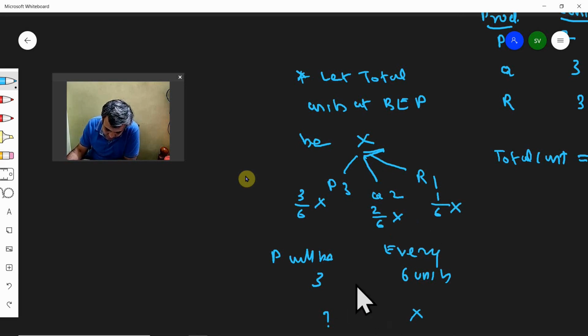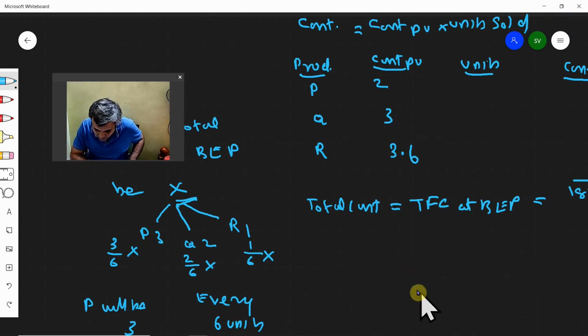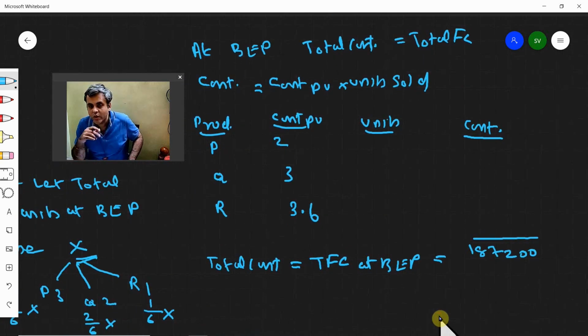In every 6, 2 is Q, so for X units it will be X into 2 by 6, and X into 1 by 6. I have now defined the quantity of each type of product with reference to BEP.